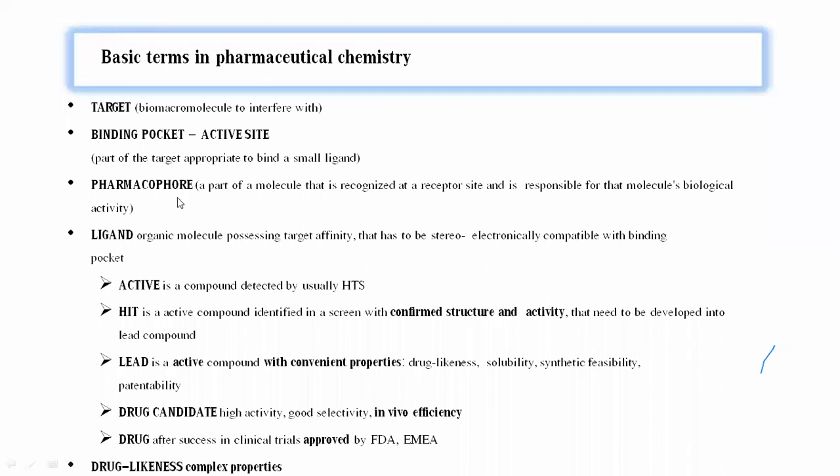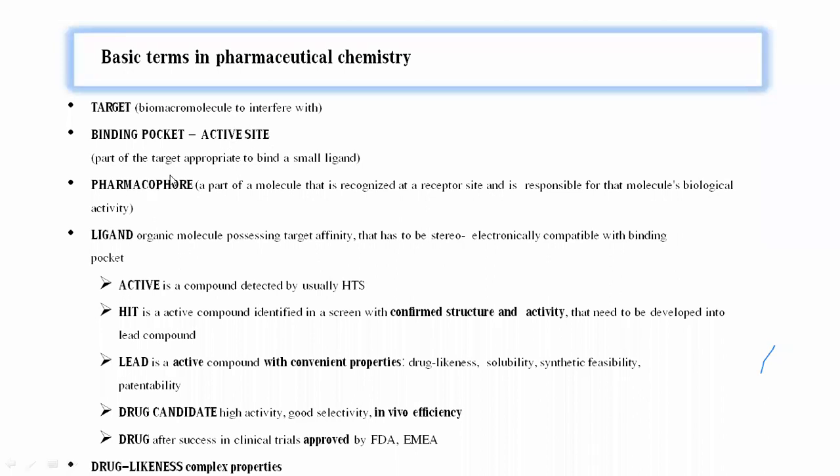It may be a door lock. So that pocket provided by the lock is used to open the lock by that key. Similarly, all the receptors or cells have their appropriate locations for individual drug molecules. That drug molecule is going to bind on that binding pocket. So that site is known as the active site.